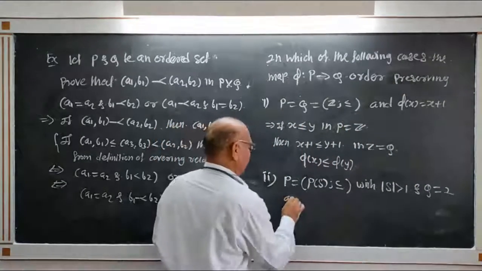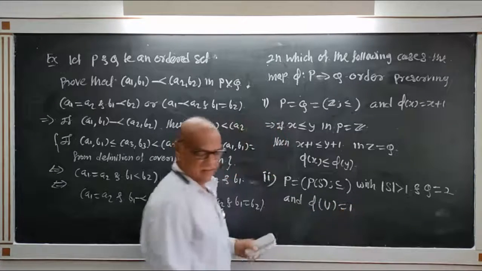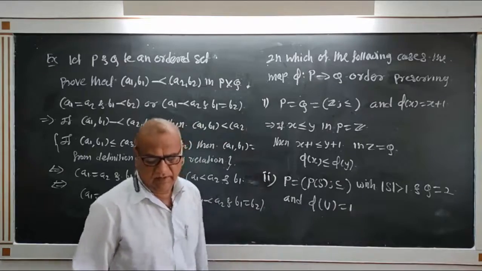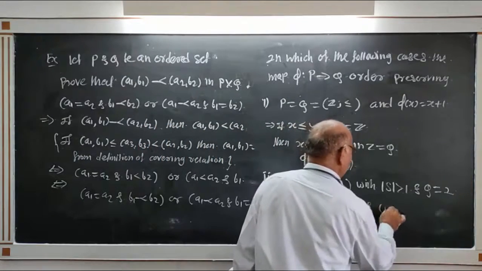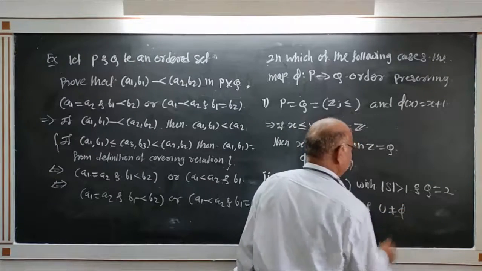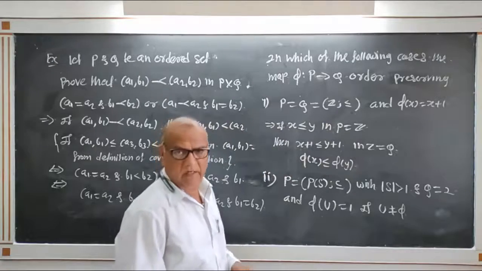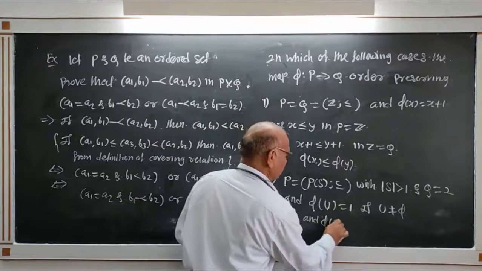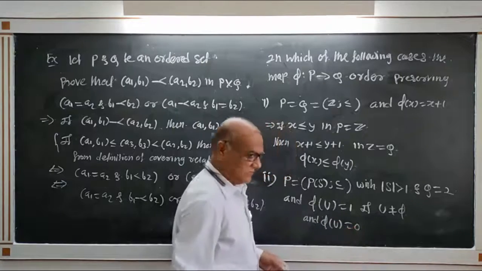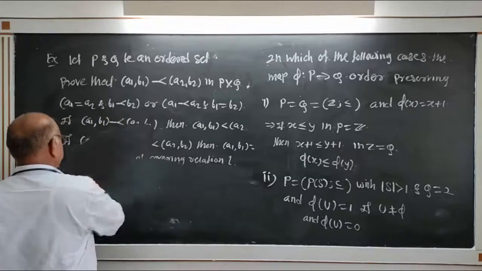Define phi of U is equal to 1 if U is not equal to the empty set, and phi of U is equal to 0 if U is the empty set.